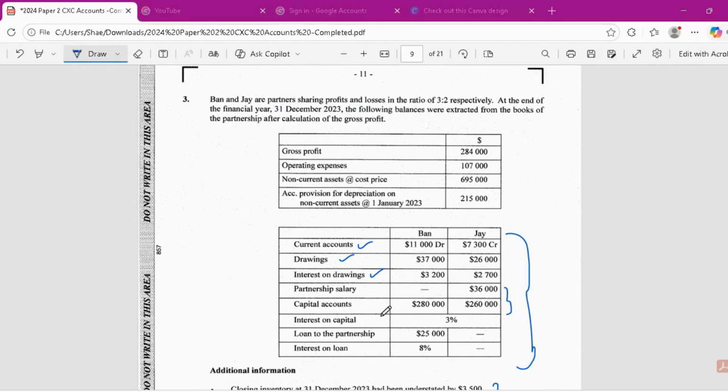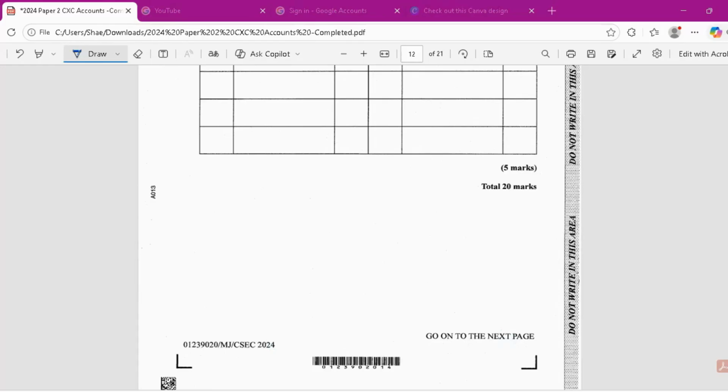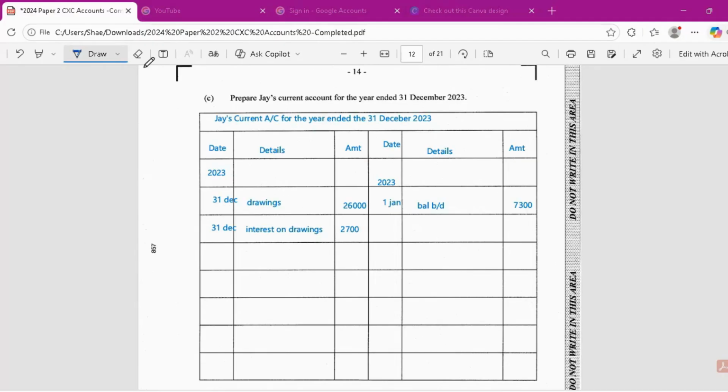So now we need salary and interest on capital to go on it. So I'm going to pick up those figures now. Alright, so it will be the 31st of December for both items.